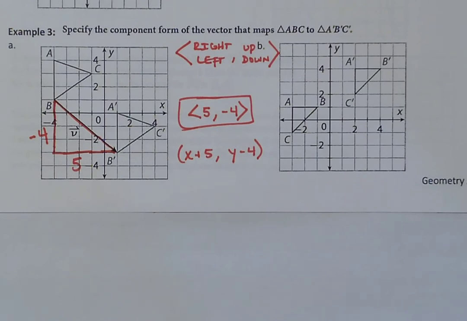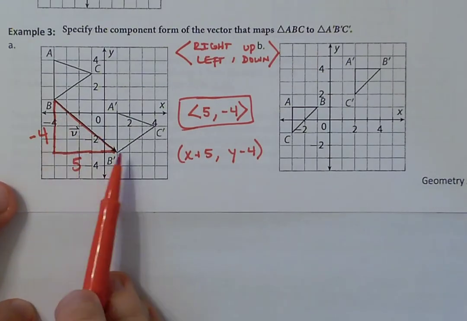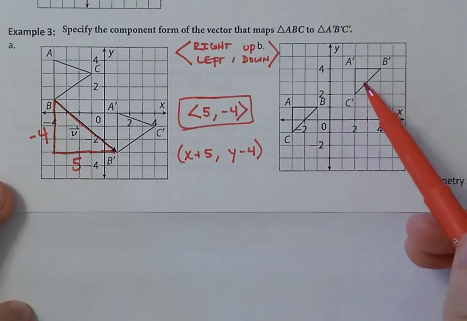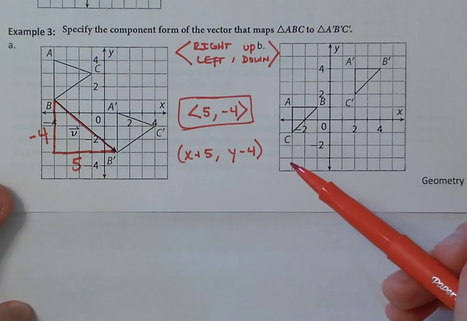Alright, so that is going to be how you do parts A and B. I'm not going to run through the full thing of part B, but I do really want to highlight something, because if we look at B, there's no vector drawn, okay? So they don't have a vector like they drew for us from B to B prime. Understand this, to be able to figure out your vector, you just need to choose one set of points.